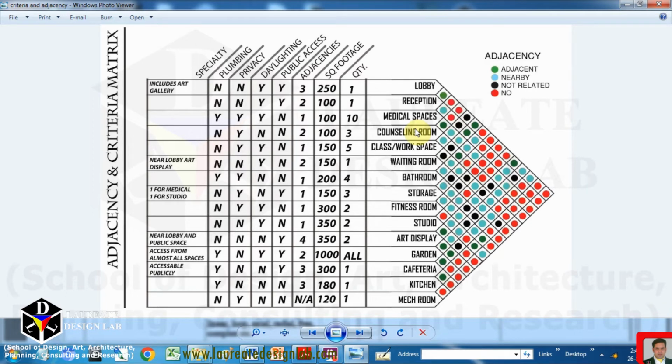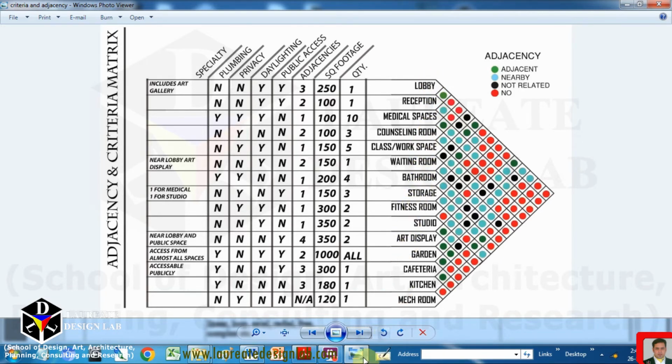This is the second most important key. It is coming from the organizational chart or the whole hierarchy system. So like lobby, reception, medical spaces, counseling room, class, waiting room, bathroom, studio, kitchen, mechanical room. These are the requirement list.